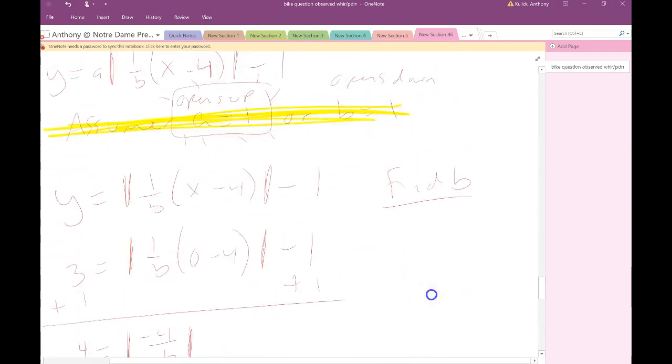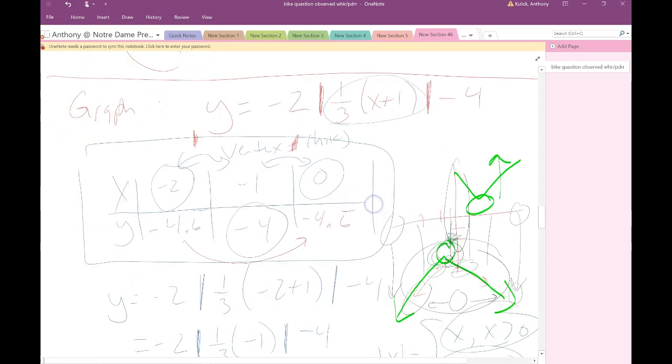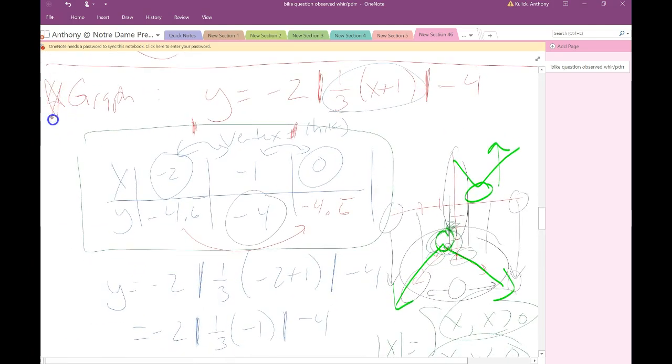Yes. So we did that at this piece right here. So again, to graph an absolute value function, you need 3 points. And the middle point must be the vertex, which you can find by the h and k. And then you just pick a value that's less than the vertex and a value that's greater than the vertex.